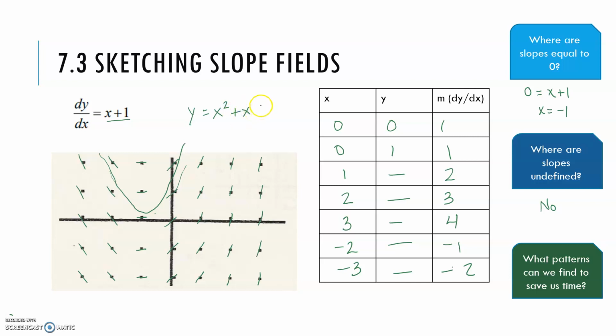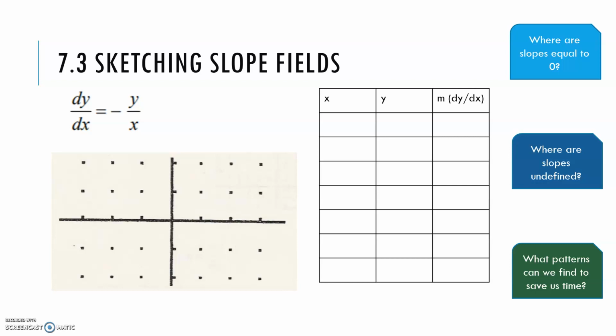And remember, an antiderivative would have a plus c on it. So this is a whole bunch of parallel parabolas if we sketch those through the slope field, which is why we would need to have a starting point in order to figure out what the exact equation for this parabola is. But we can tell by looking at it that it's definitely a parabola.